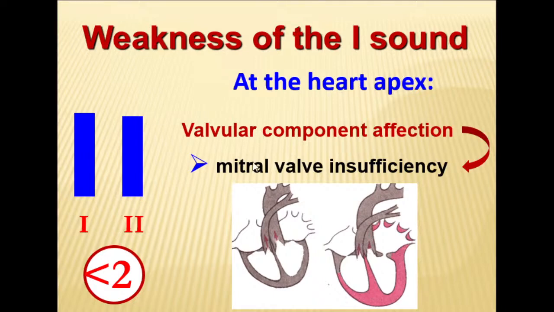Problem with the valvular component: the mitral valve cannot be completely closed due to shortening, which is a heart defect called mitral valve insufficiency, or in some books you can meet its other name, mitral regurgitation.